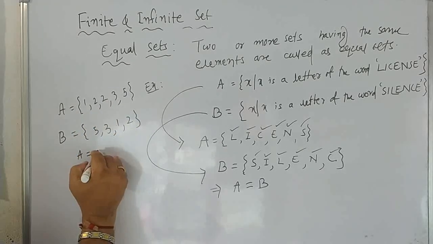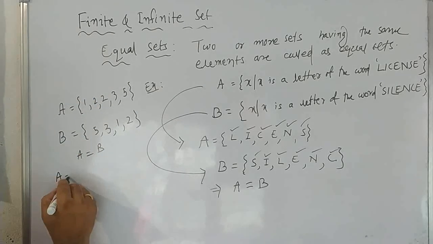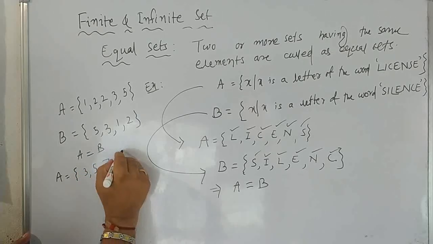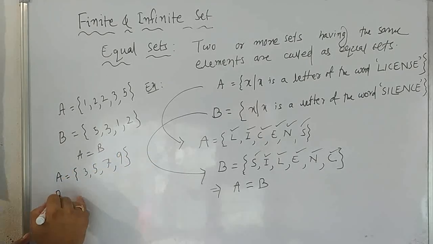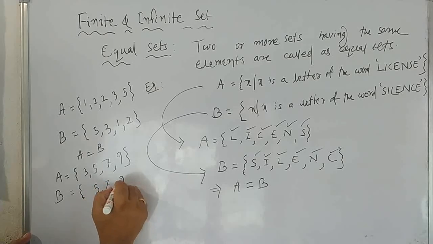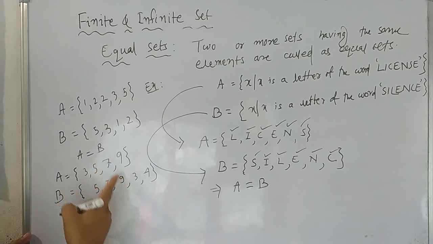Here also A is equal to B. If A is given as 3, 5, 7, 9 and B is given as 5, 7, 9, 3, 4, these are not the same.